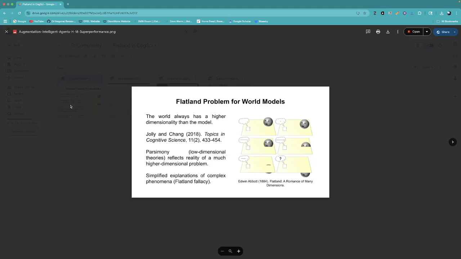This is a picture on the right of Flatland. It's stylized after Edwin Abbott's 1884 book, Flatland, A Romance in Many Dimensions. In that book, he talks about these beings that live in one dimension or two dimensions, and they're constrained to that world. Beings that live in one dimension are basically on a number line.